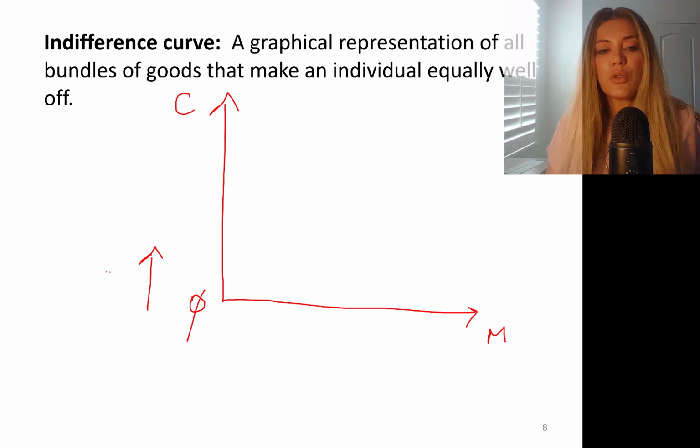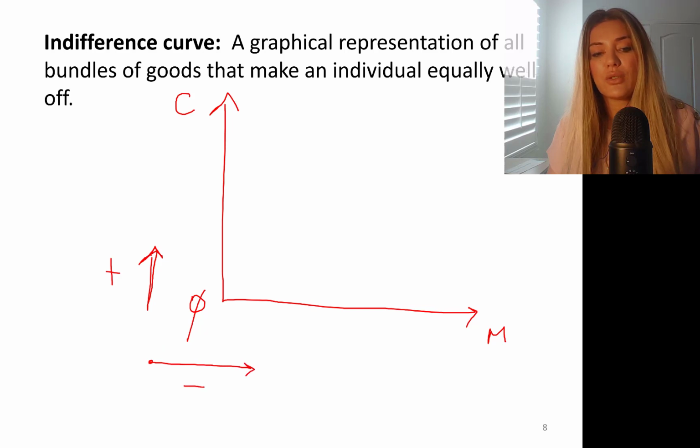As you consume more, your utility goes up. So put an arrow towards which direction your utility goes up. Again, for the movies, put an arrow towards which direction your utility goes up. Same here, positive, positive. This is how we figure out the shape of the indifference curve.